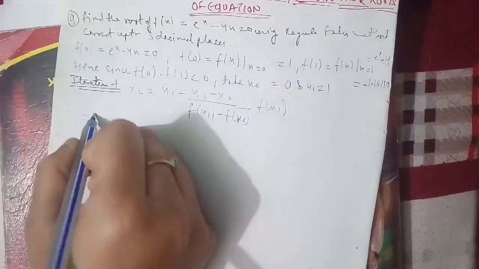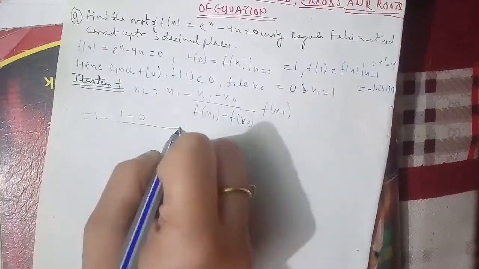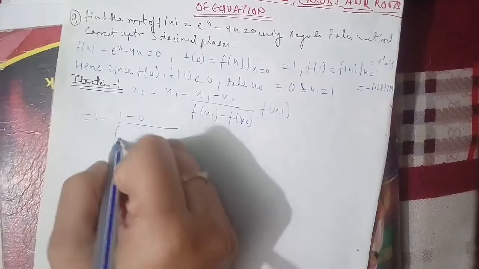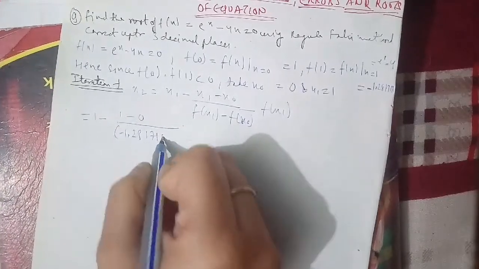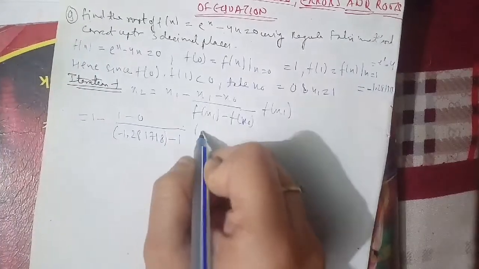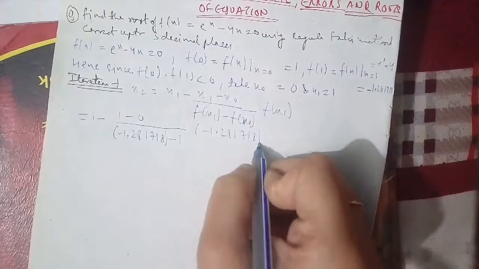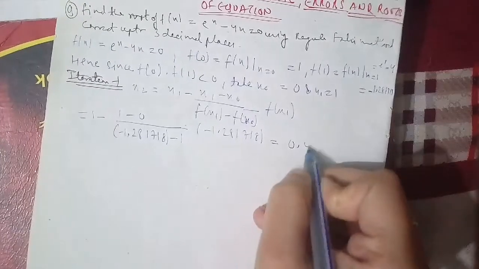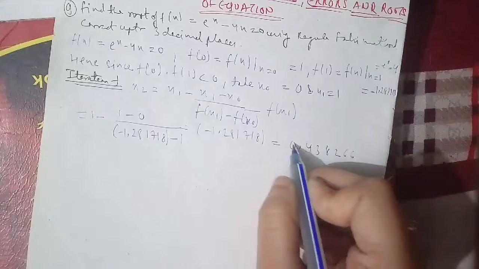So x2 = 1 - (1 - 0) / (-1.281718 - 1) * (-1.281718), which equals 0.438266. That is the answer we have here.